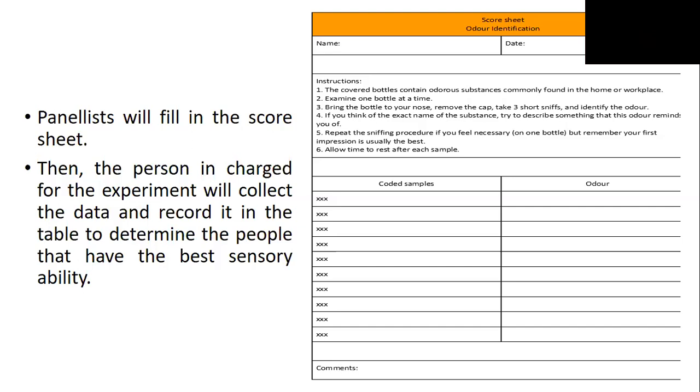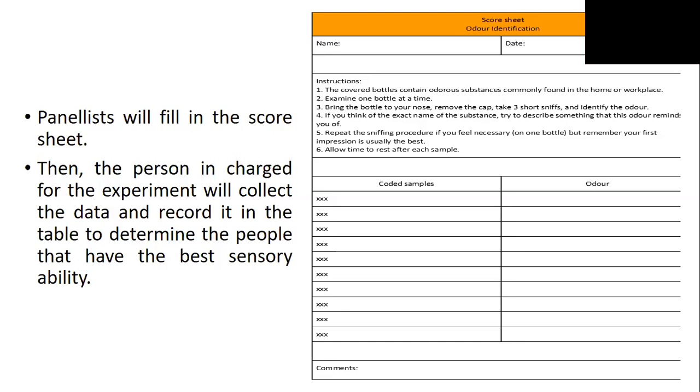Usually we use a synthetic flavoring agent, and then we dip the cotton bud and place it into a small glass jar, and you must cap it properly to avoid the odor evaporating into the air.